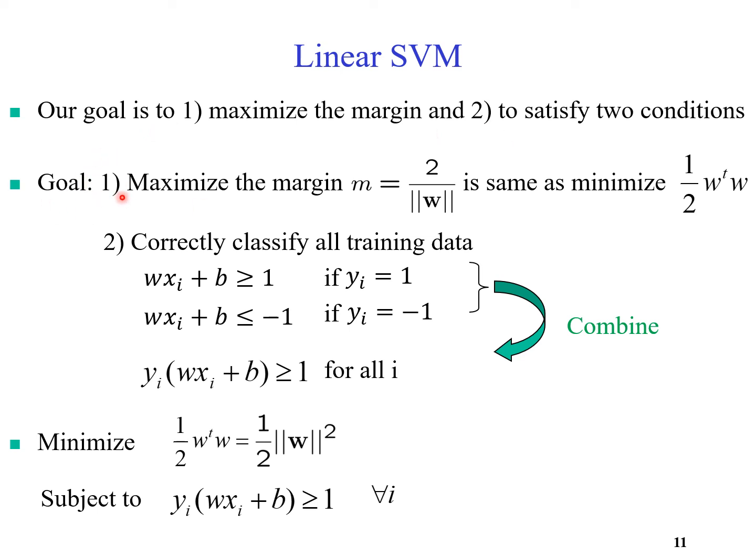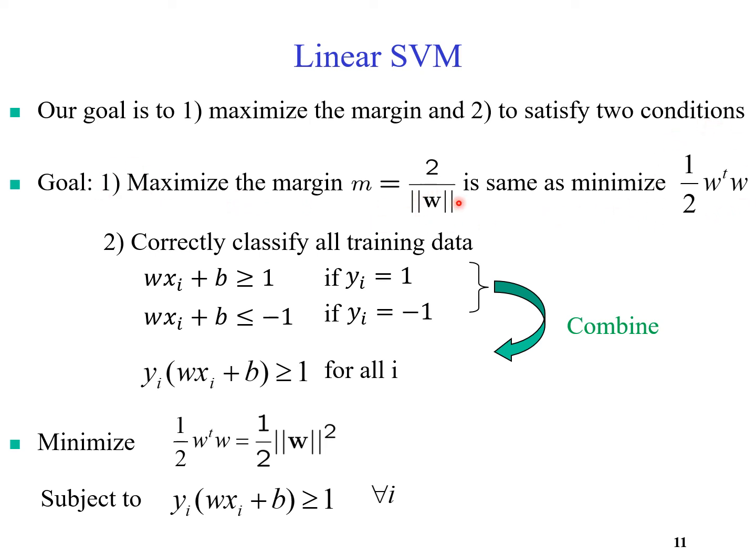The first goal is maximizing margin. So M is defined as 2 over the norm of W. Maximizing this means minimizing the norm of W, right? So the first goal is now minimizing this.